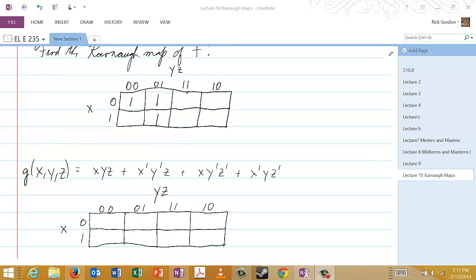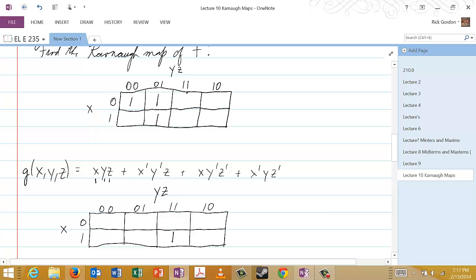So we ask ourselves where each product is equal to 1. First, we'll look at this term x y z. Obviously, for that to be equal to 1, we need to have x 1, y 1, and z 1. And that corresponds to this cell in the Karnaugh map.